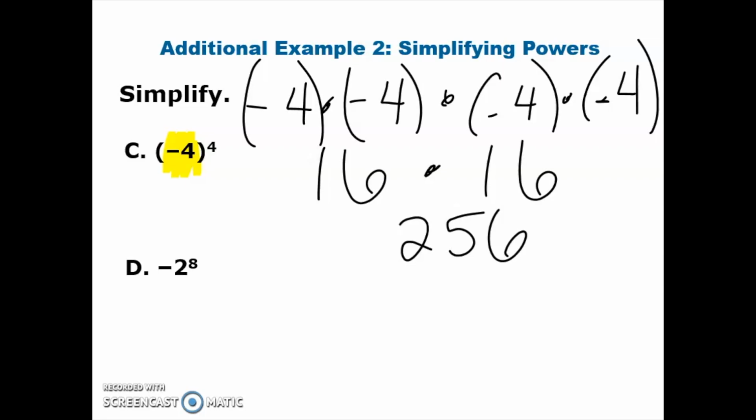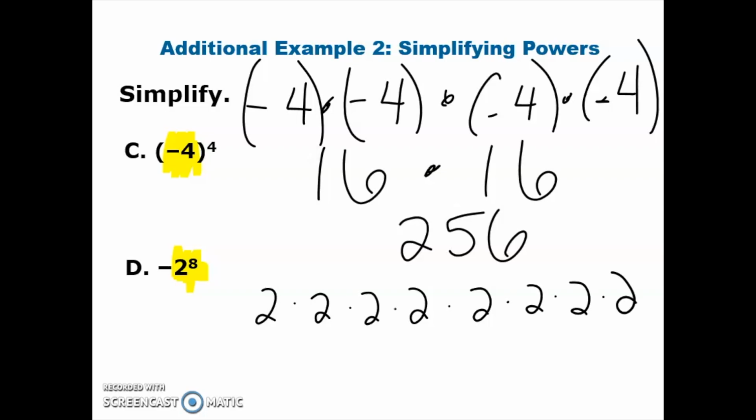Now that's different than the next problem. This next problem is 2 being repeated, not the negative. So this is 2 times 2 times 2 times 2 times 2 times 2 times 2 times 2, 8 of them. And then after we do all of that multiplication, we're multiplying the entire expression by -1.